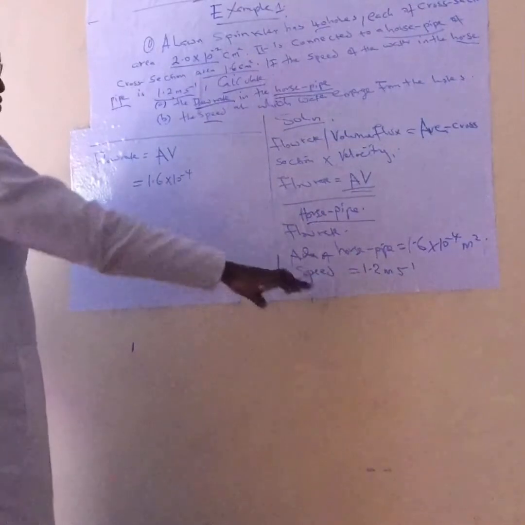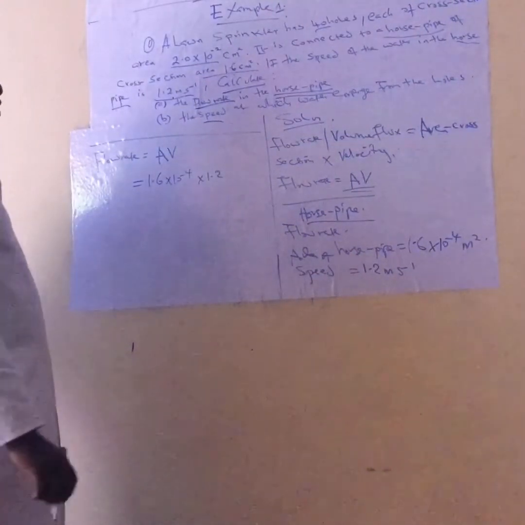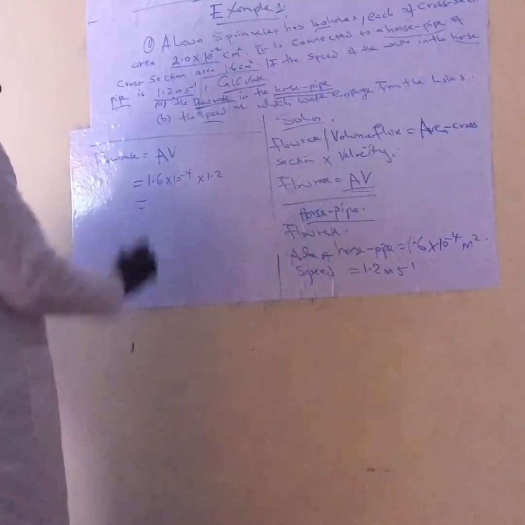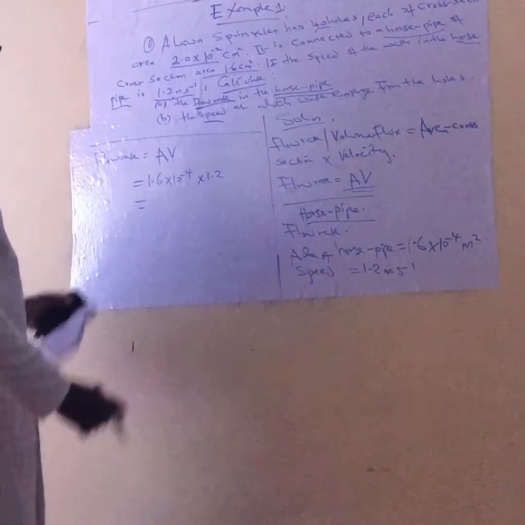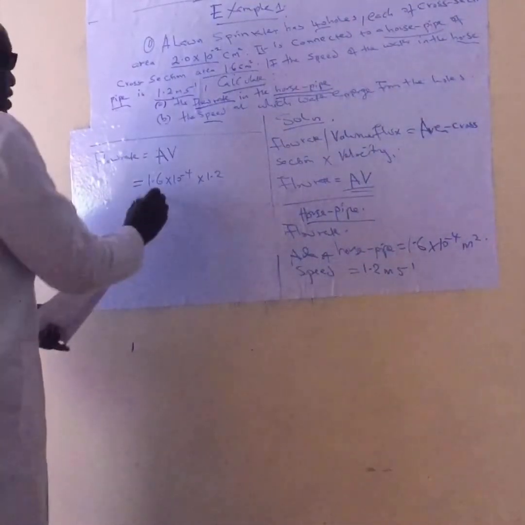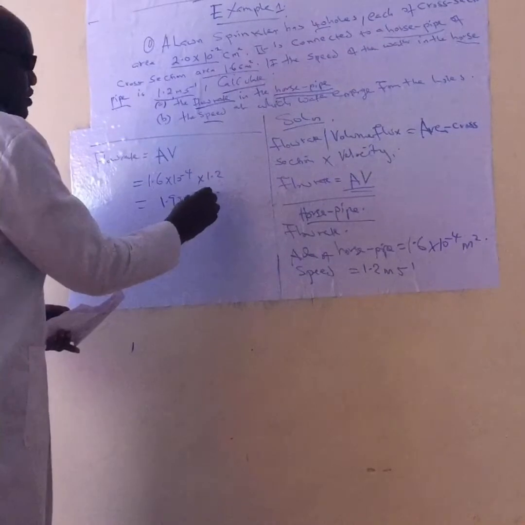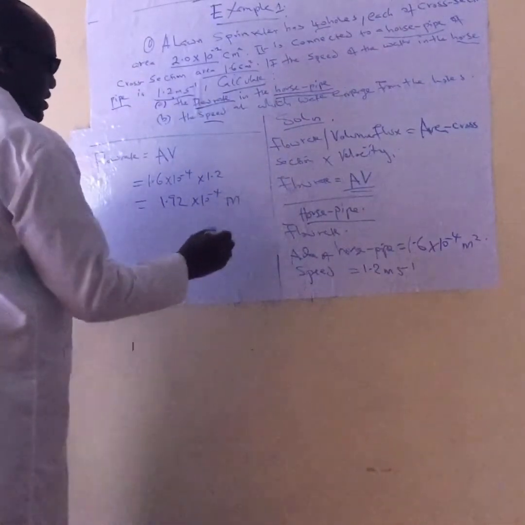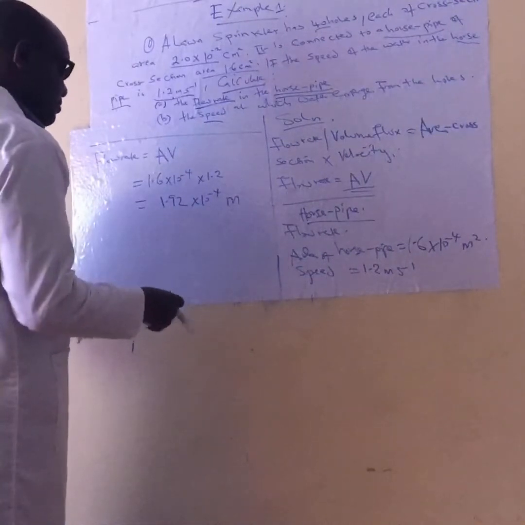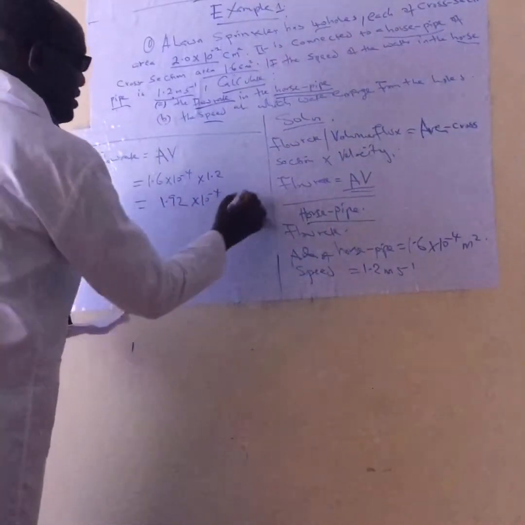The speed, which we are given there, 1.2. By using your calculator, you can get something like 1.92 times 10 power negative 4 meters per second.